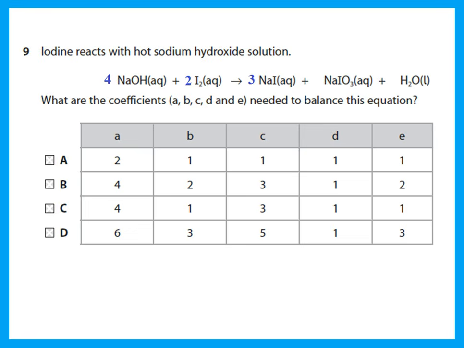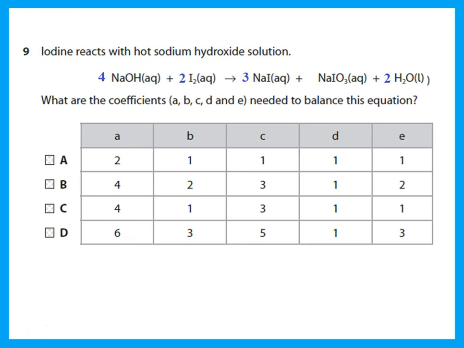I have 4 iodines after the arrow, so I need to put 2 in front of the I2. And the water, I need to fix the hydrogens. And that means now that I have 4 hydrogens after the arrow, 4 hydrogens before the arrow. 4 sodiums before the arrow, 4 sodiums after the arrow. But what is not correct now is the oxygens. After the arrow, I have a total of 3 plus 2, that's 5. Before the arrow, I have only 4, so I need to increase that.